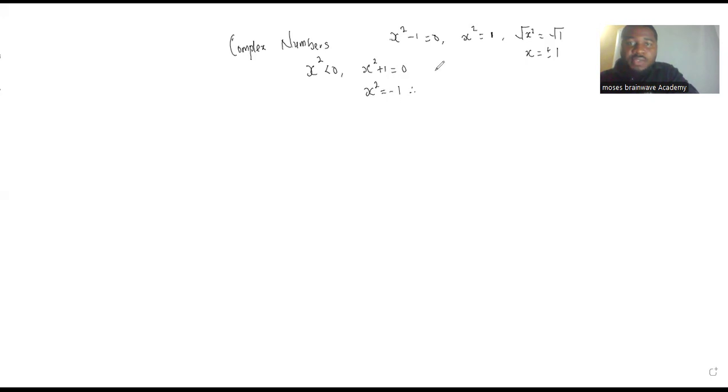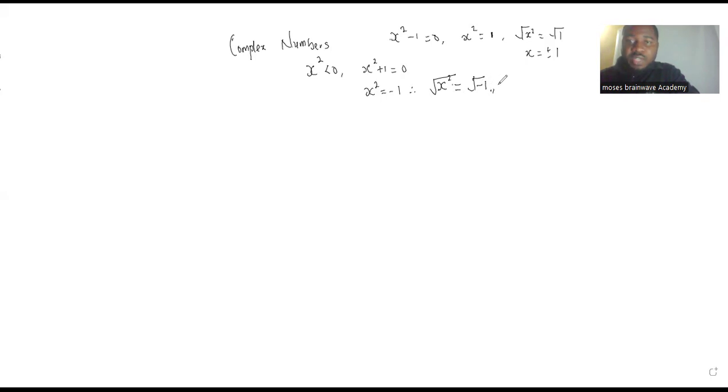Taking the square root of both sides, you get x equals the square root of negative 1. So you have come to a point where you have a negative under the square root sign. This brings us to the concept of complex numbers.